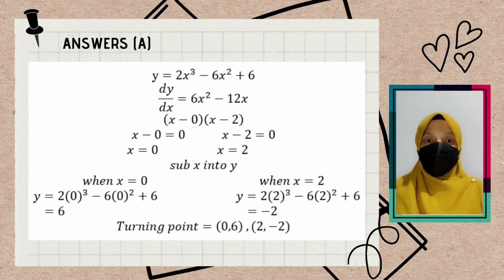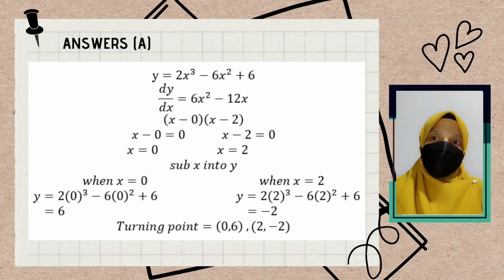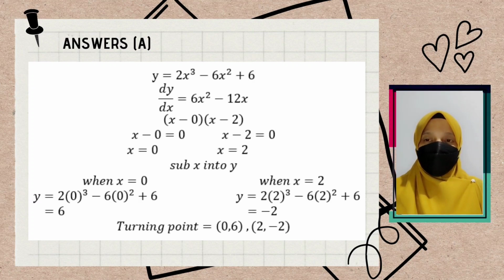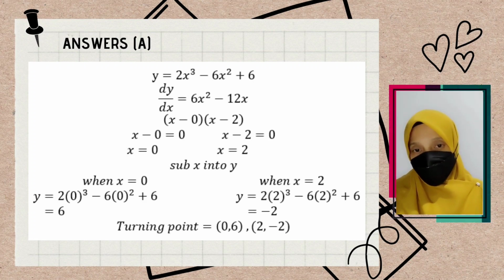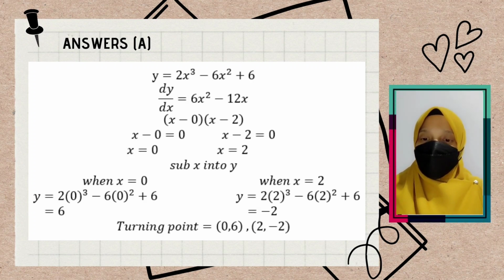Okay, I want to answer question A. y equals 2x cubed minus 6x squared plus 6. First step, we find dy/dx. So dy/dx equals 6x squared minus 12x. Step 2, using the calculator EQN, we get two answers for x: 0 and 2.